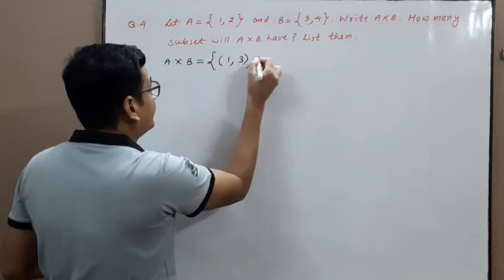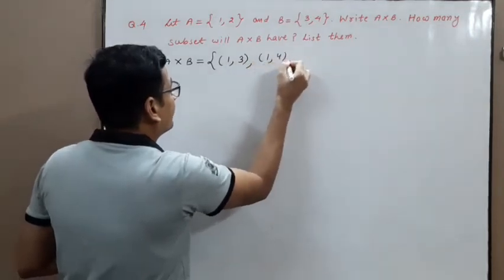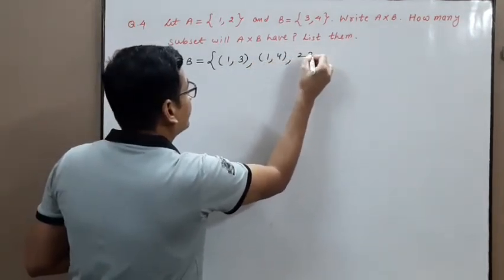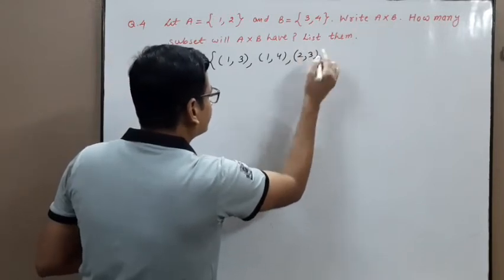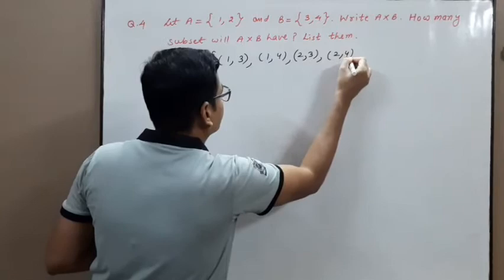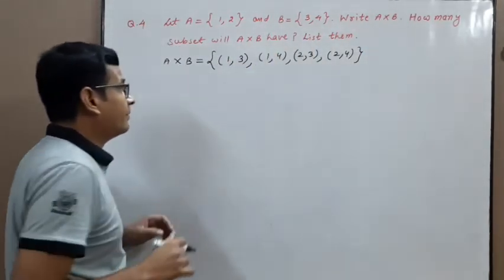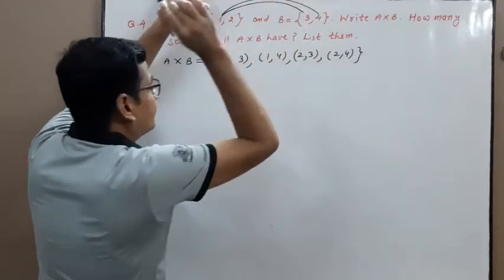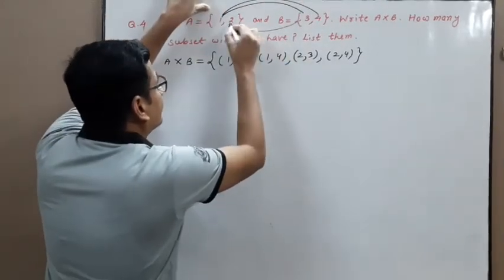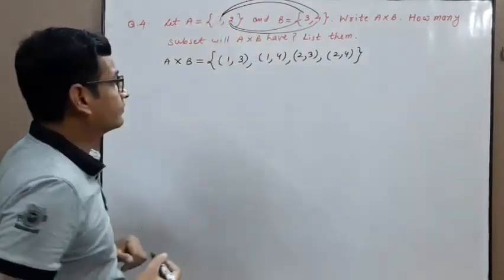So (1,3), (1,4), (2,3), (2,4). So there are 4 ordered pairs.